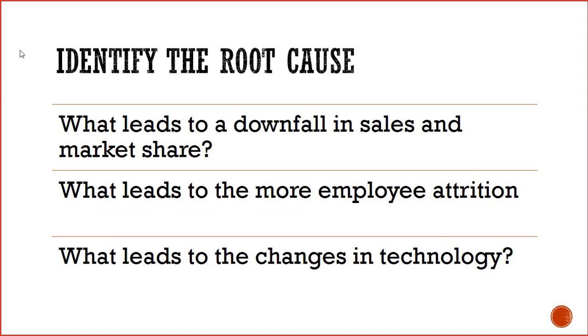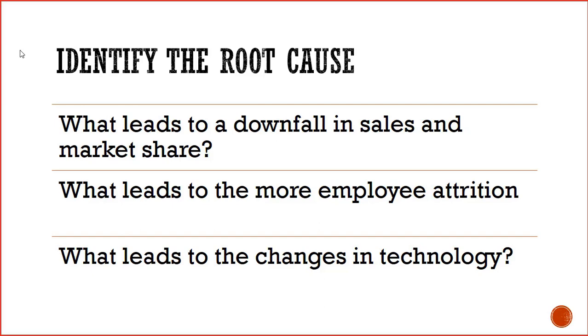So what happened that sales have gone down? Is it that there is a lack of salespeople? Or is it that you have not advertised much? Or is it that customers have lost interest? Or is it that a new competitor has entered? There can be n number of root causes. So you have to identify all those root causes.